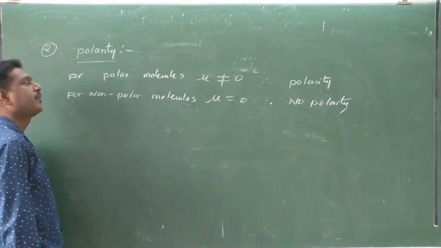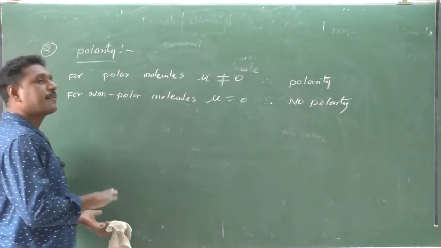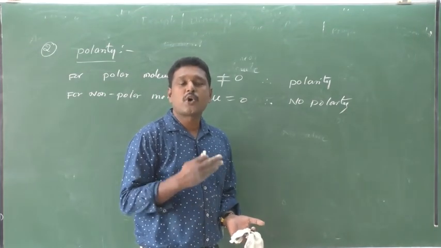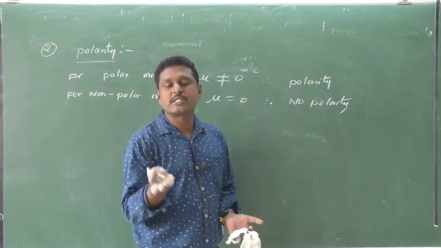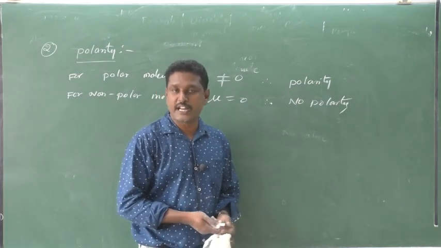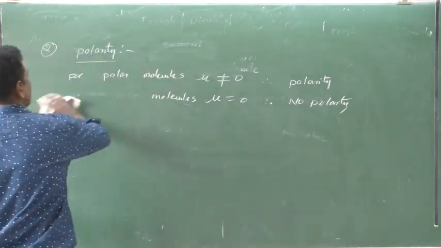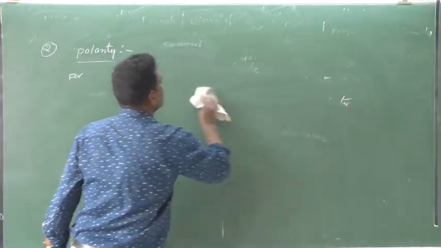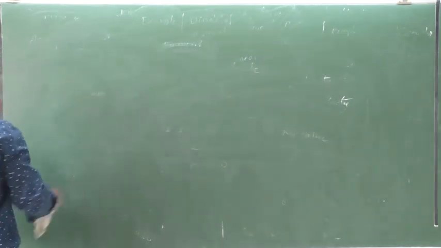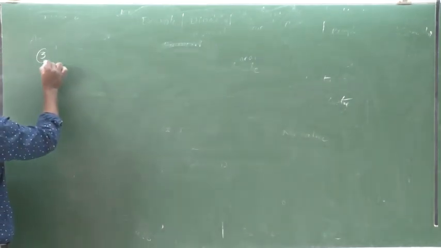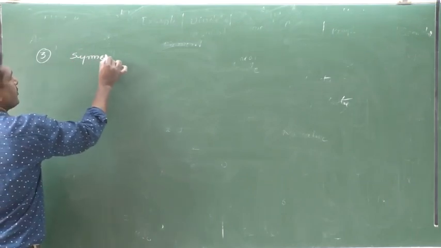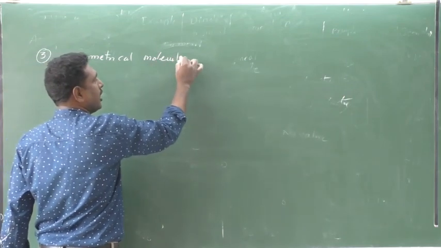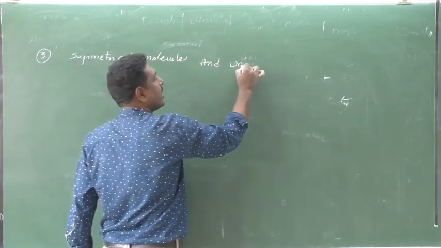And also the third application is we can separate symmetrical molecules and unsymmetrical molecules. So how can we do that? It is useful to distinguish symmetrical molecules and unsymmetrical molecules.